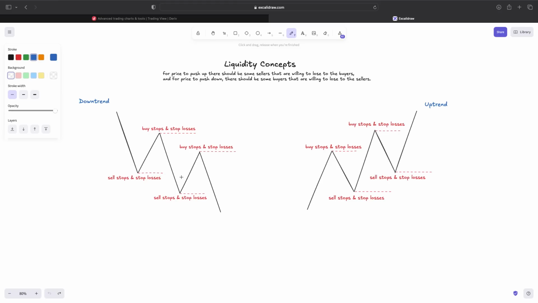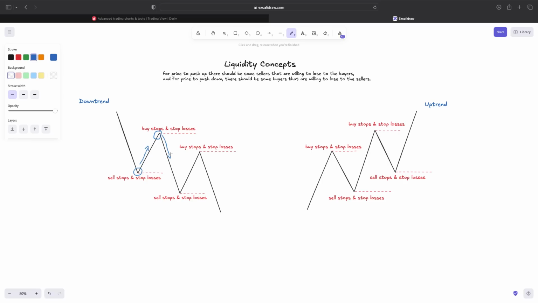But in the supply and demand lessons, we understood that from these highs and lows, there are some buyers getting involved in the market from the lows in order to push price to the upside. Now, on the highs, there are some sellers that are getting involved in order to push price to the downside.